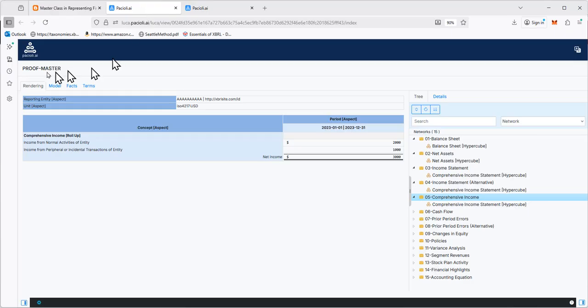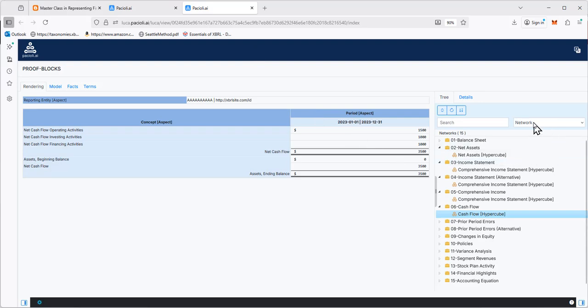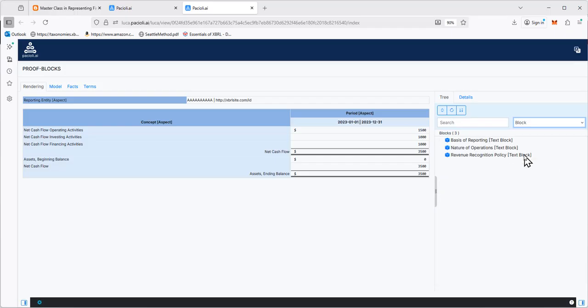Now, in this proof master, again, there were 19 blocks of information. So in this application, if I look at the blocks, I see 3. So why do I only see 3?